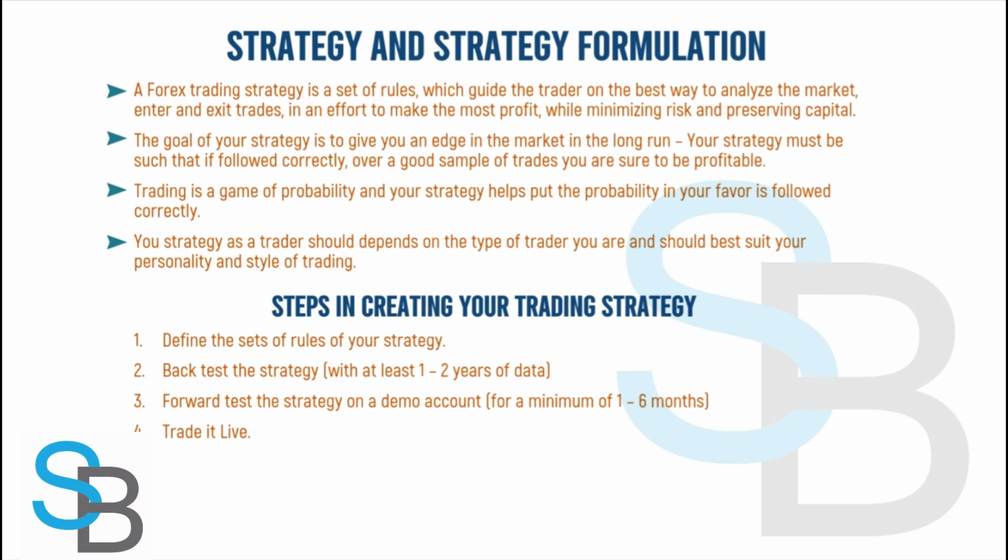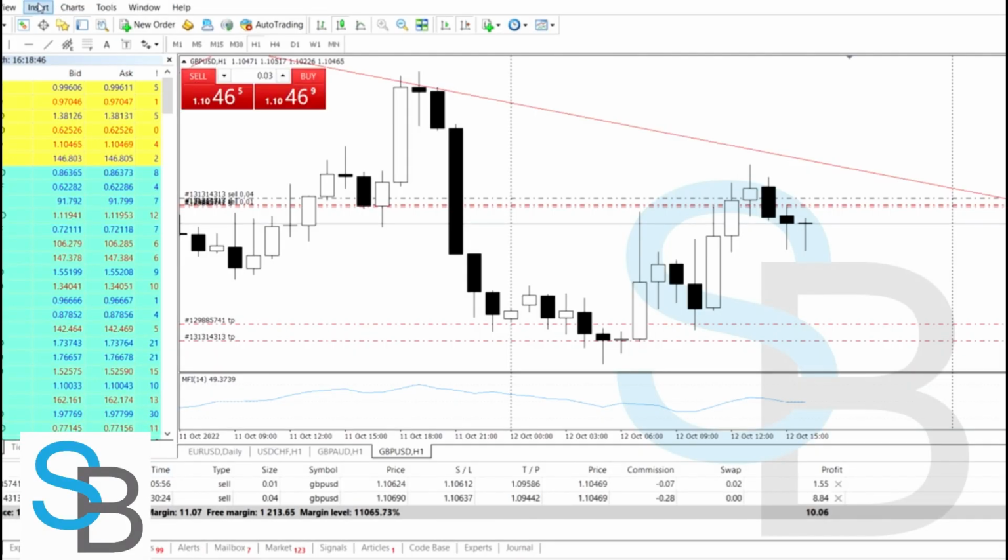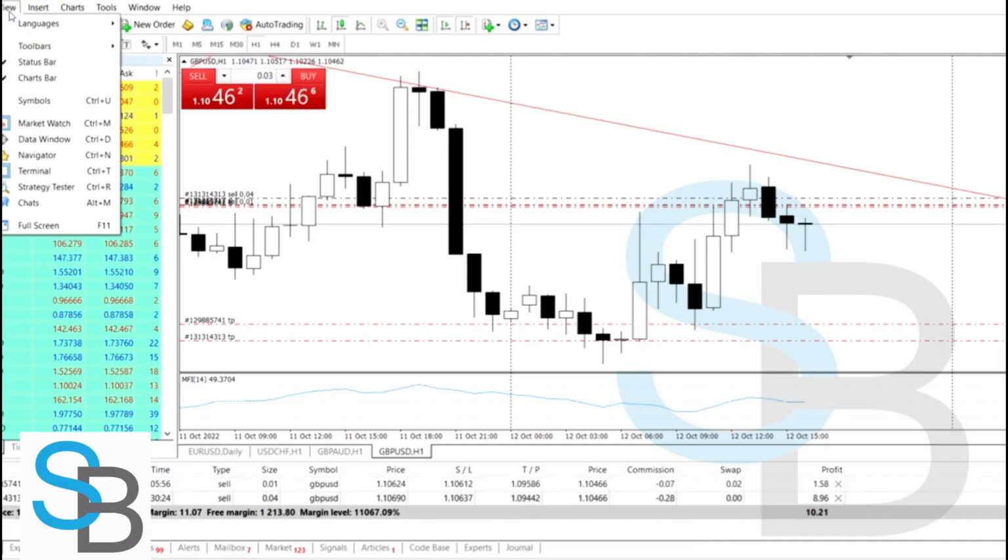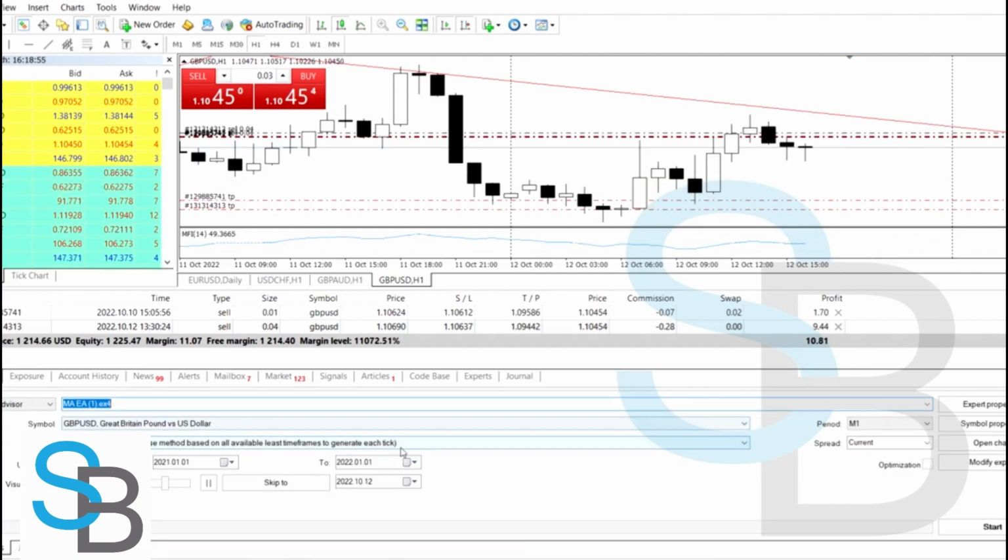Okay. In MT4, we have the strategy tester, even though this one has to do with testing trading robots, right? Because trading robots are basically strategies that happen on autopilot. So if you go to the strategy tester, you see this.